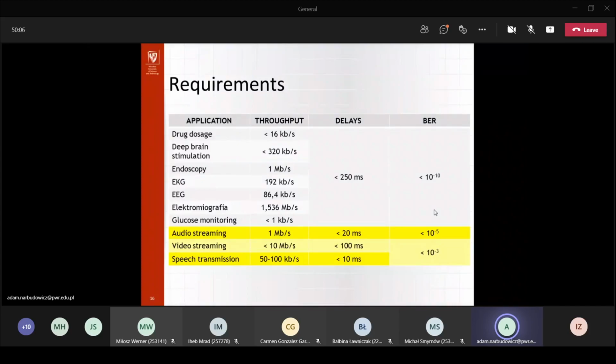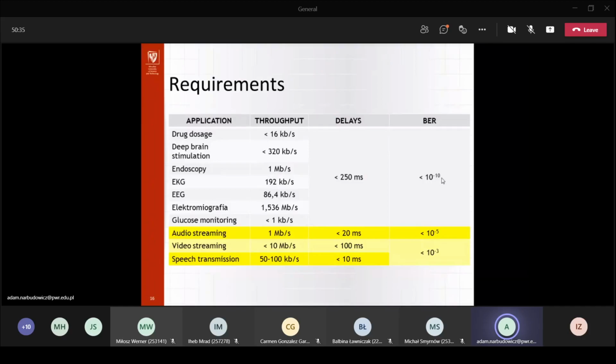So basically, if you have an error in audio streaming or video streaming, sure, you will get discomfort in watching the video or audio, but I dare say most people can live with bad quality videos. Whereas in this context, you really cannot afford a mistake, right?